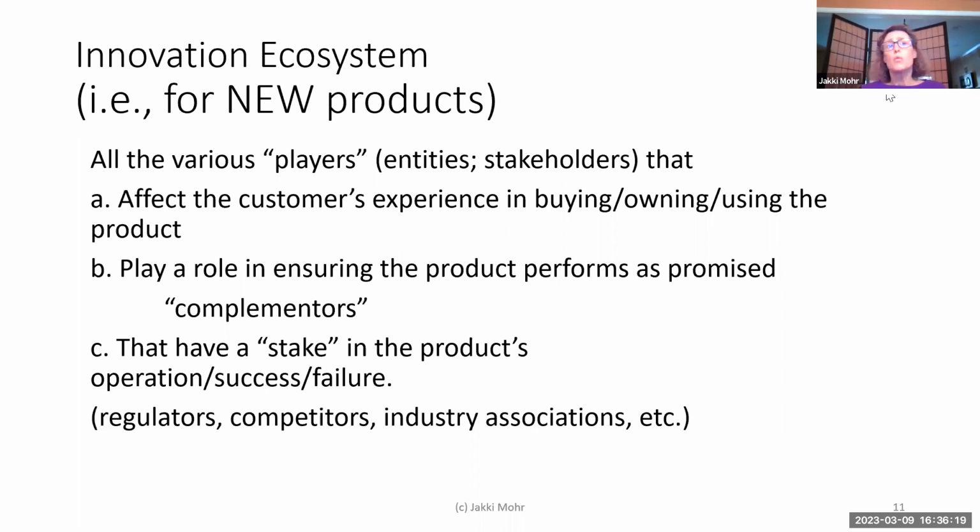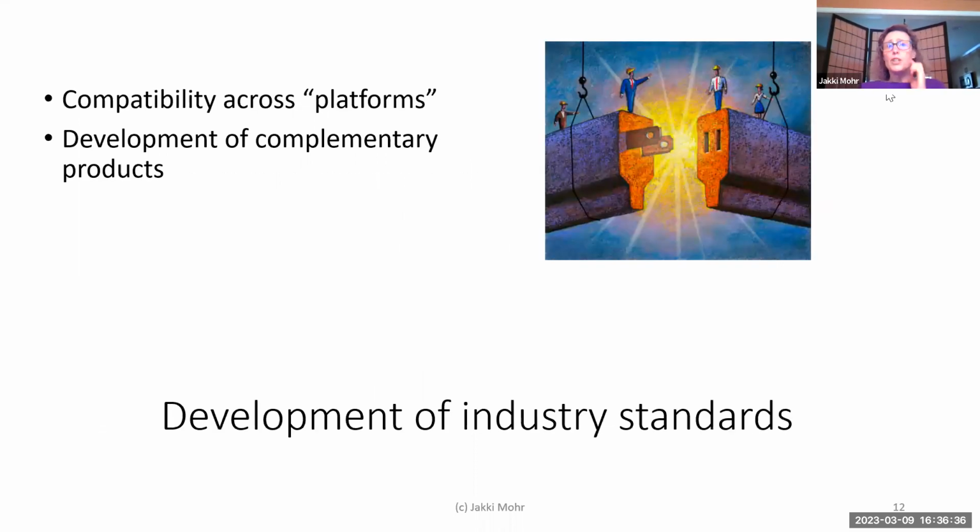So we know that regulators have a role in this, competitors, industry trade associations such as the National Car Dealership Association, who really push back hard against Tesla not having dealerships under dealer franchise laws. The innovation ecosystem often also includes concerns around compatibility across emerging standards, where standards refer to plug-and-play compatibility.